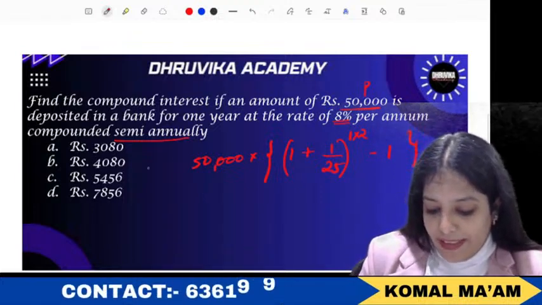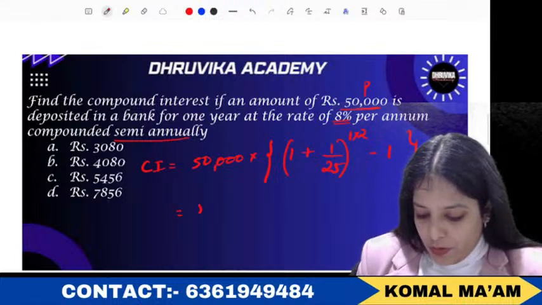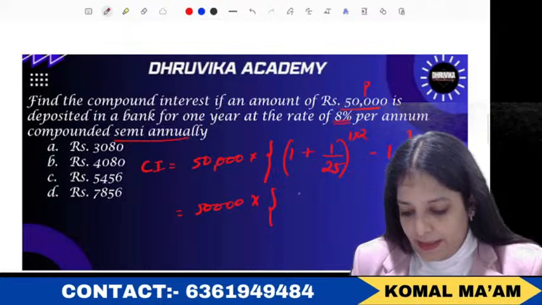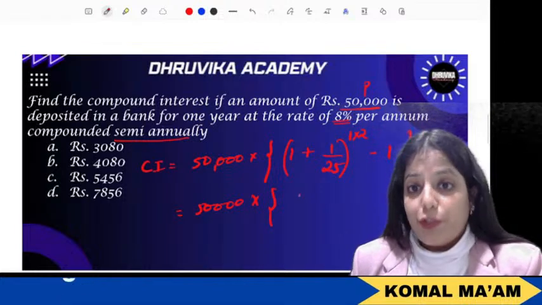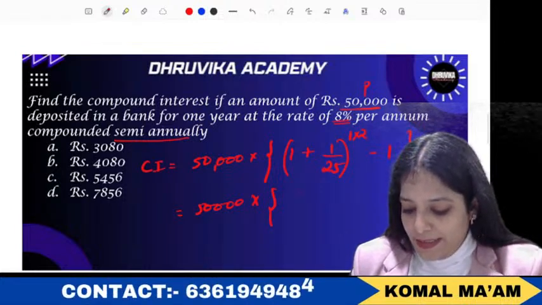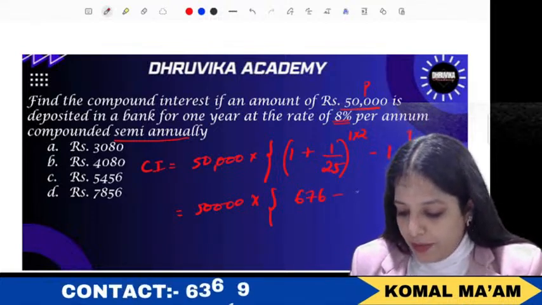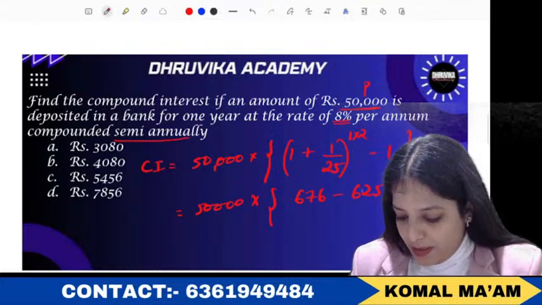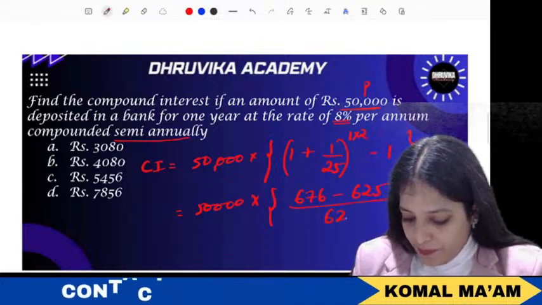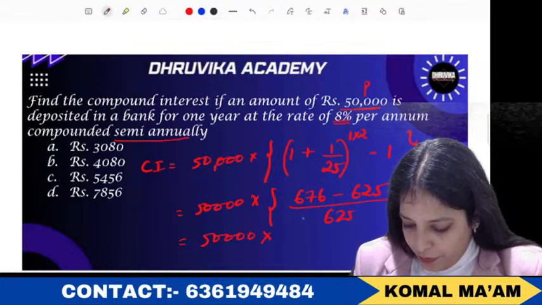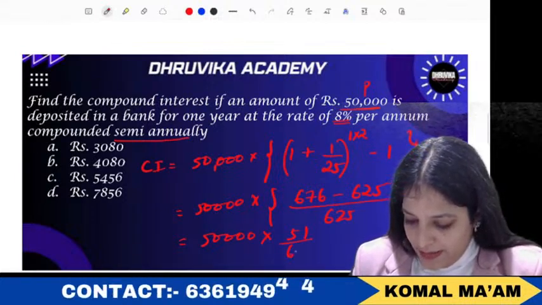That's why I've used the direct formula of compound interest. So 50,000 into 26 upon 25 raised to the power 2. So the square of 26 is 676 and the square of 25 is 625. It will get subtracted. So 50,000 into 51 upon 625.